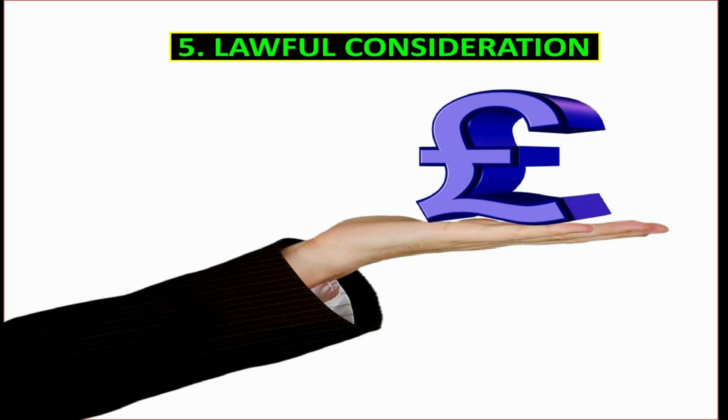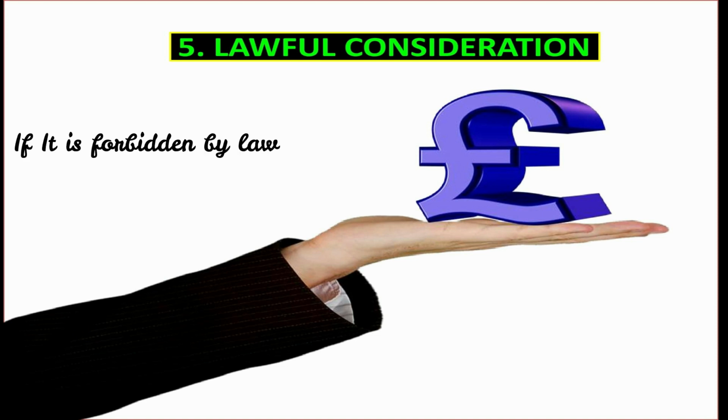Number 5, lawful consideration. Something in return is consideration. In every contract, the agreement must be supported by consideration. It must be lawful and real. In order to make the agreement valid, the consideration or object of the agreement must be lawful. In the following cases, the consideration or object is considered to be unlawful.